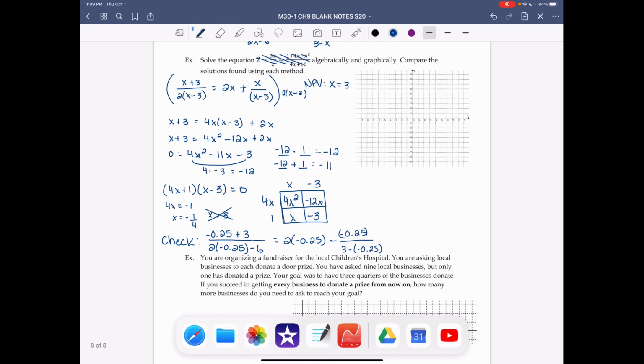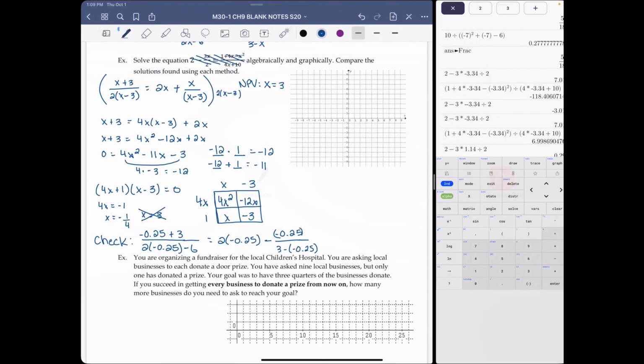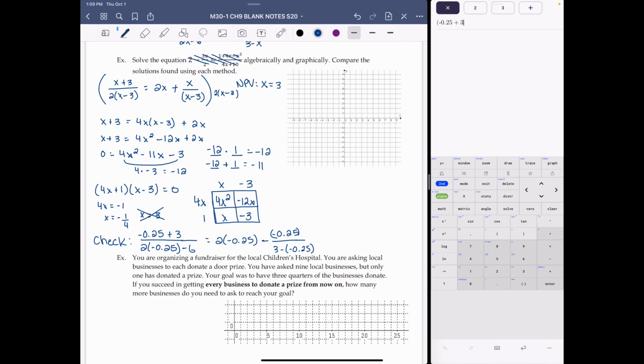Let's calculate. Left side, I'm going to bracket for the top, negative 0.25 plus 3, close bracket, divide, bracket for the bottom, 2 times negative 0.25 minus 6, close bracket.